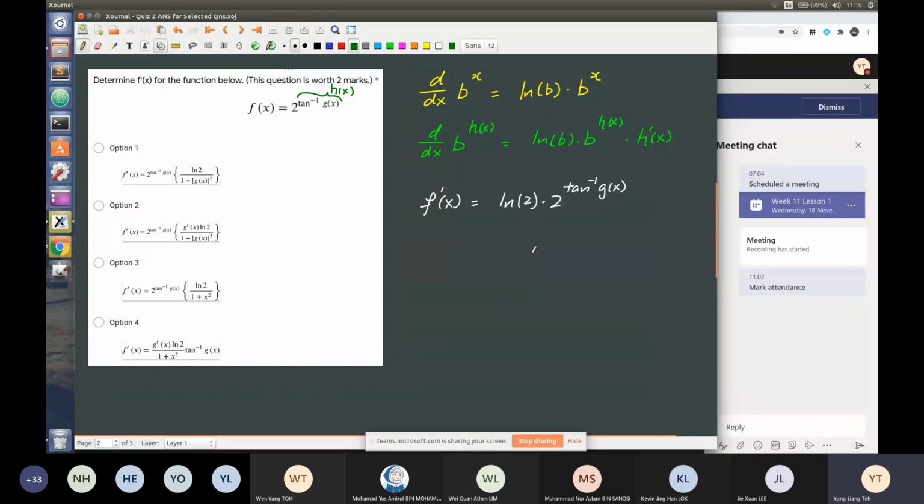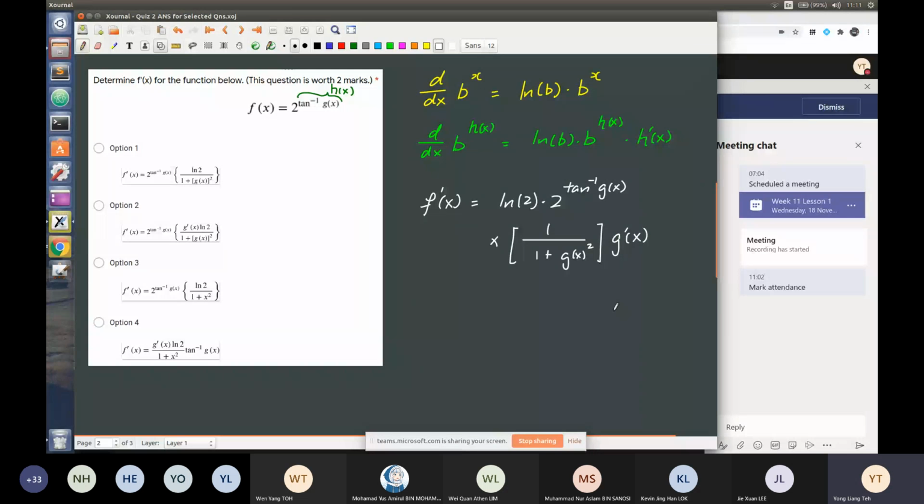Differentiate tangent inverse. When you differentiate tangent inverse, you're going to multiply by one big chunk, 1 over 1 plus the square of g of x. Then subsequently, you need to differentiate g of x. That's a chain rule. Is that all right?